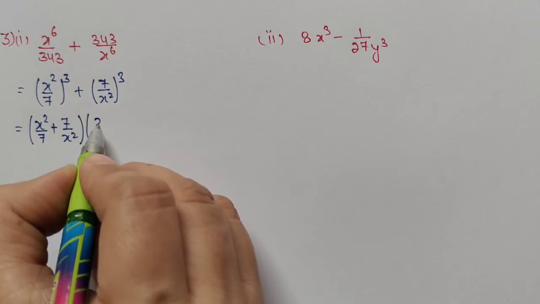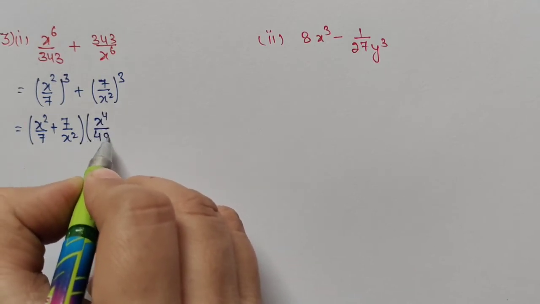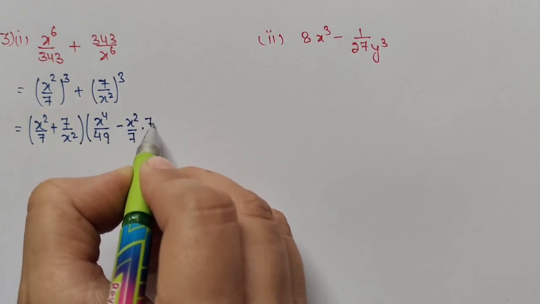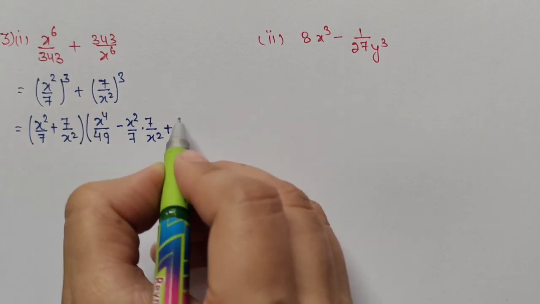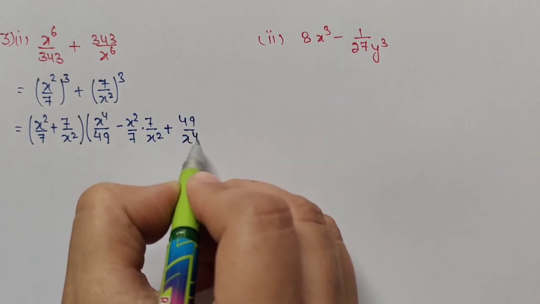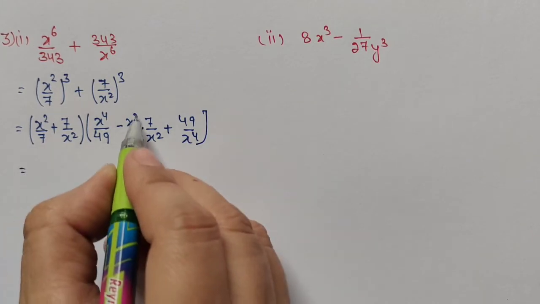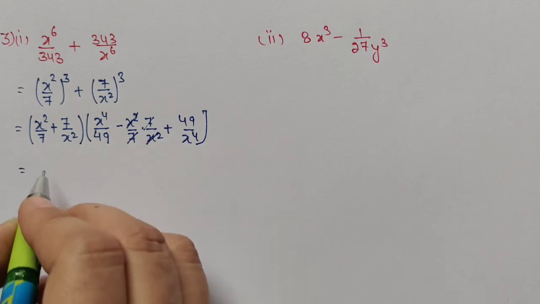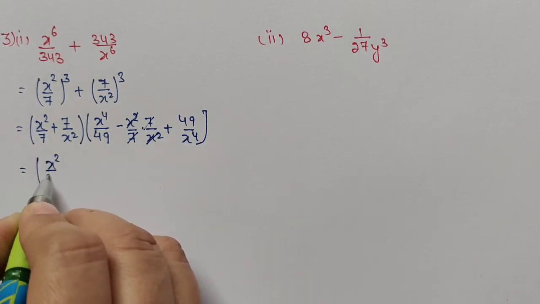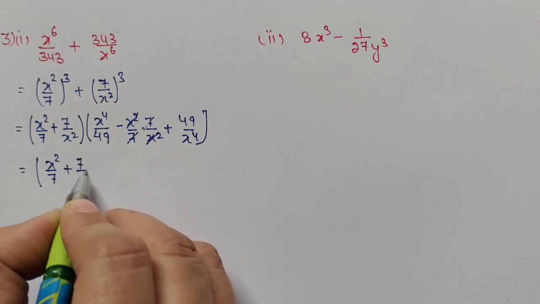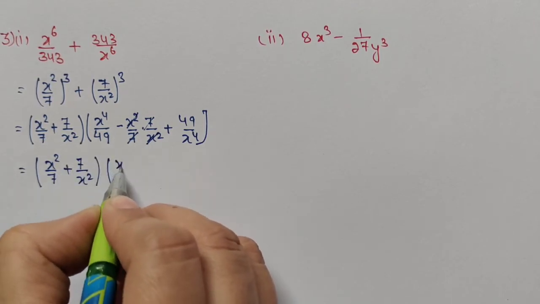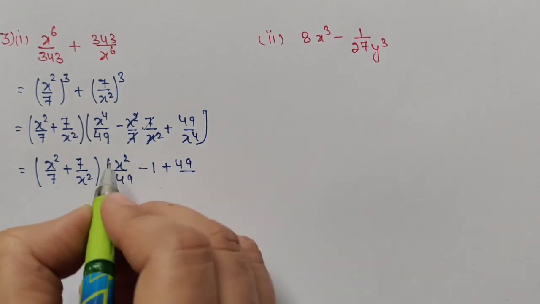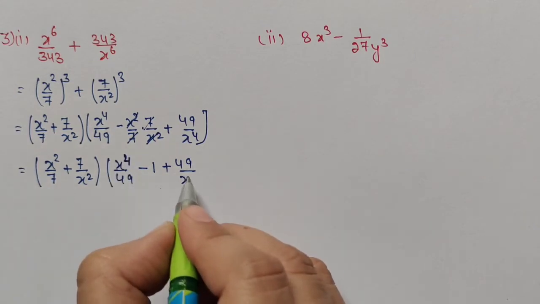Then a square means x to the power 4 by 49, minus a into b, x square by 7 into 7 by x square, plus b square, 49 by x to the power 4. In this middle term you can see x square and 7 we can cancel out, so we will get only 1. So the answer will be (x square by 7 plus 7 by x square) into (x to the power 4 by 49 minus 1 plus 49 by x to the power 4).